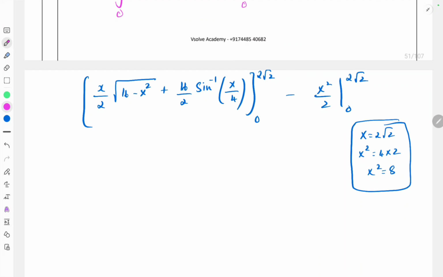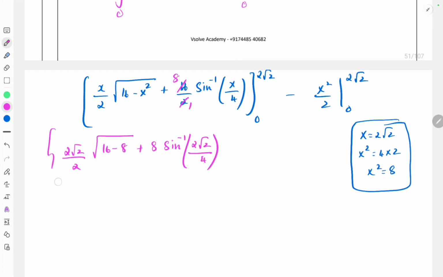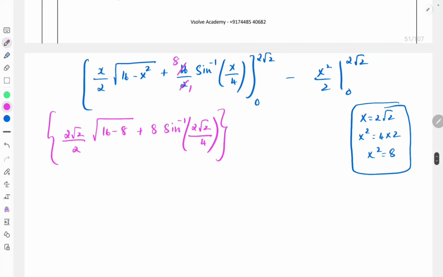So from here, upper limit 2 root 2 by 2, so root of 16 minus 8, plus 16 by 2, which is nothing but 8 here, so 8 into sine inverse 2 root 2 by 4. So this is for the upper limit. And the lower limit will be minus, 0 into anything is 0, and sine inverse of 0 is also 0, so no need to put the lower limit. And here minus, 1 by 2 I can take out, so for the upper limit it will be x square, 2 root 2 we have, which means it will be 8, and the lower limit is 0 here also.